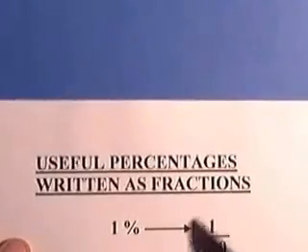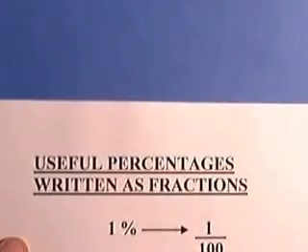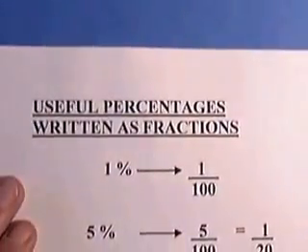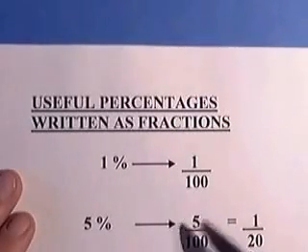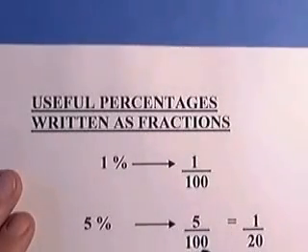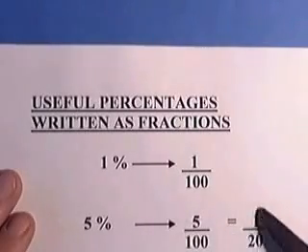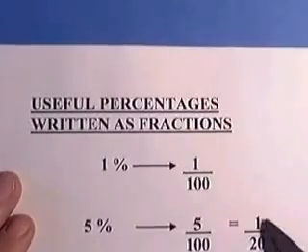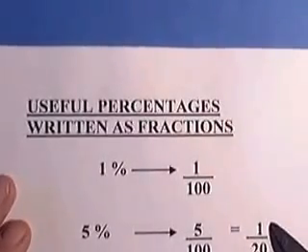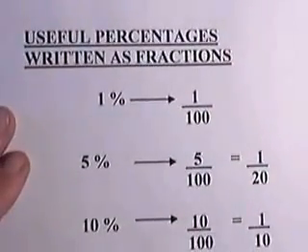So if you can figure out what 1% of something is by taking 100th of it, you could find 2%. You just double it.